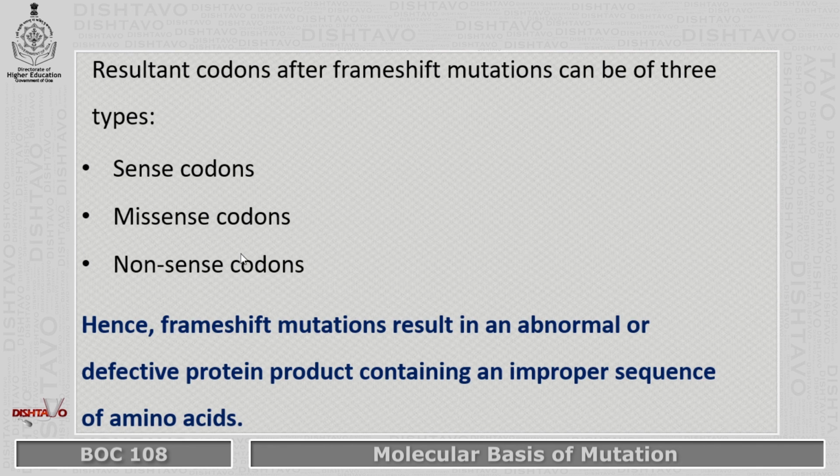A nonsense codon is a stop codon for which there is no corresponding tRNA, and it results in the termination of the translation process. So, as a result, a short length polypeptide chain may be formed. Hence, frameshift mutations result in an abnormal or defective protein product containing an improper sequence of amino acids.